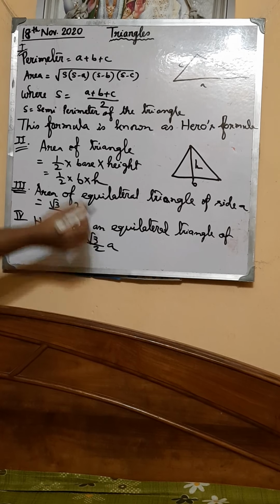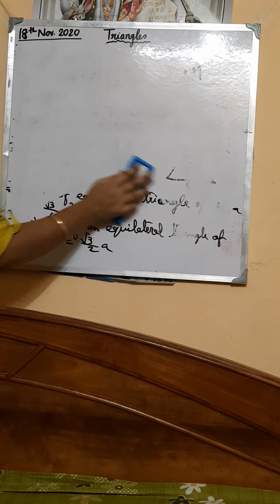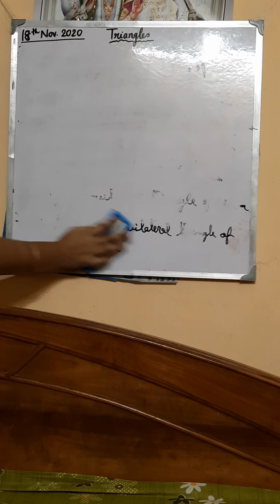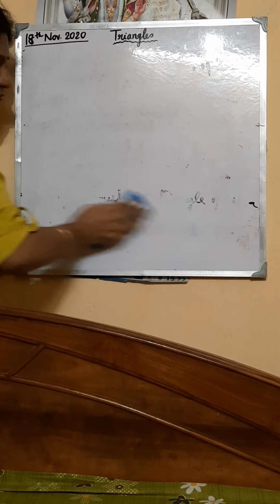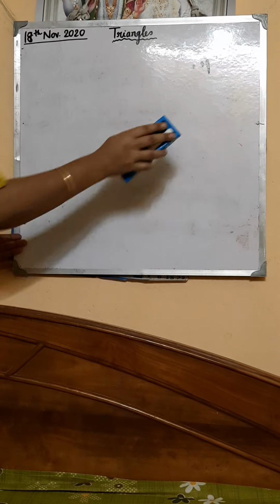Now, to understand all these formulas, first we start with some examples. Okay. See, first example is given that, find the perimeter and area of a triangle whose three sides are 11 centimeter, 13 centimeter and 20 centimeter.